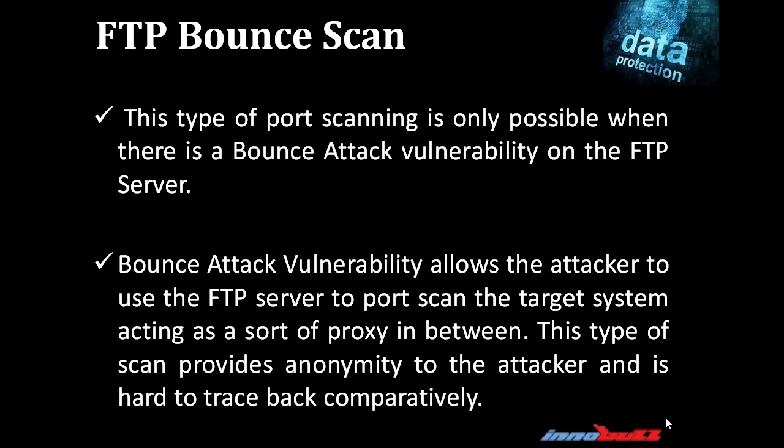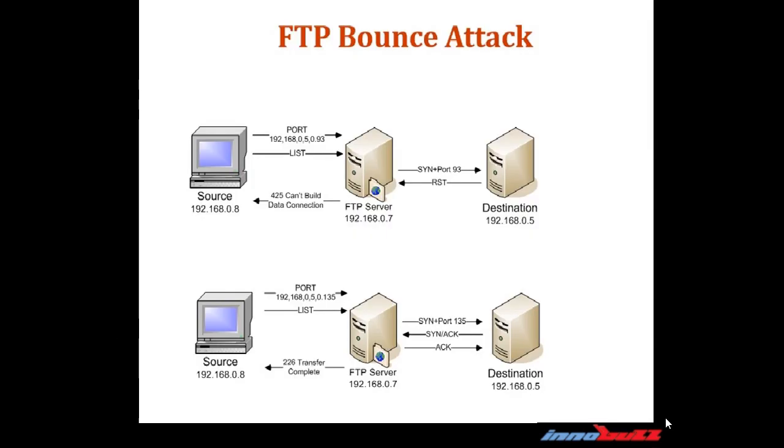This type of scan provides anonymity to the attacker and is comparatively hard to trace back. You can see the diagram of FTP Bounce Scan. Here the target is affected by FTP bounce vulnerability. That's why we get the result of the scan.